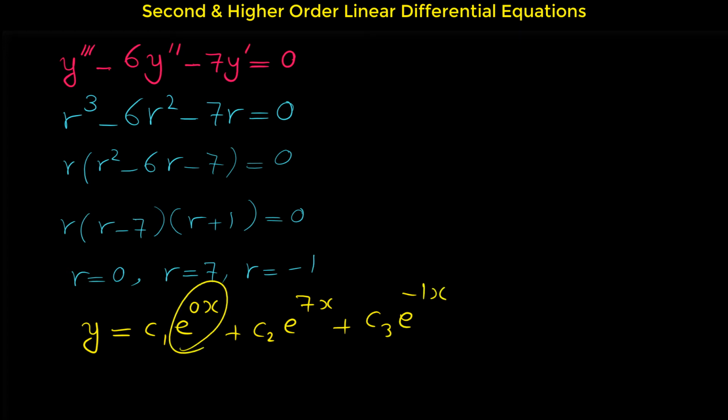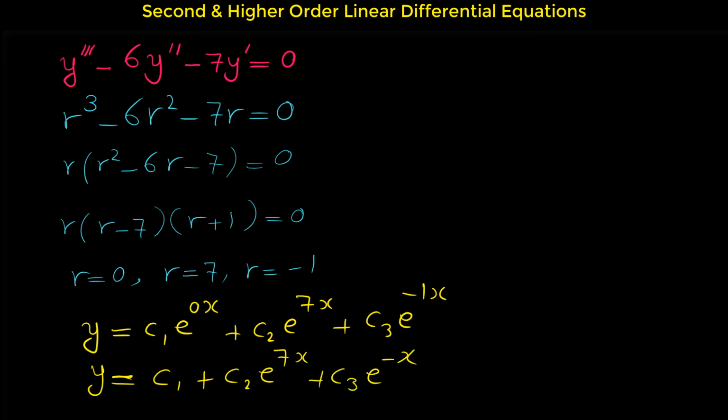Note that e to the 0 is 1, so we can simply write this as y is c₁. e to the 0 is 1, 1 times c₁ is c₁. So y equals c₁ plus c₂ e to the 7x plus c₃ e to the negative x. And this is the final solution of this differential equation.